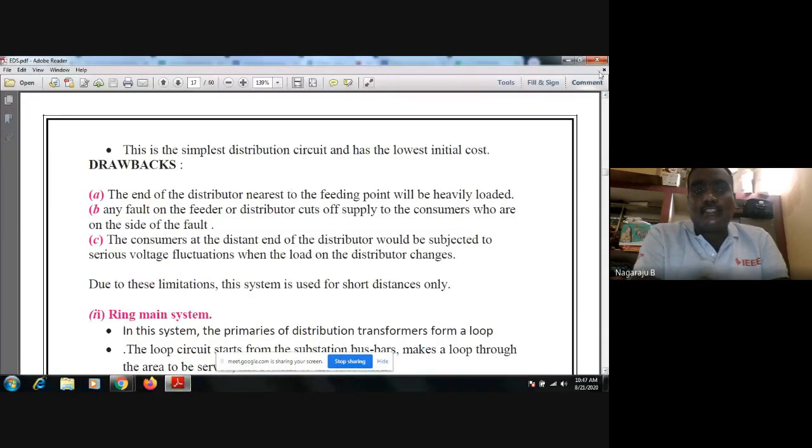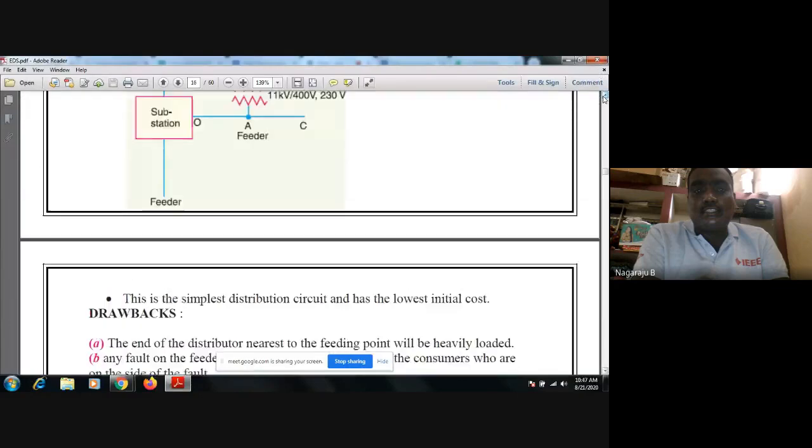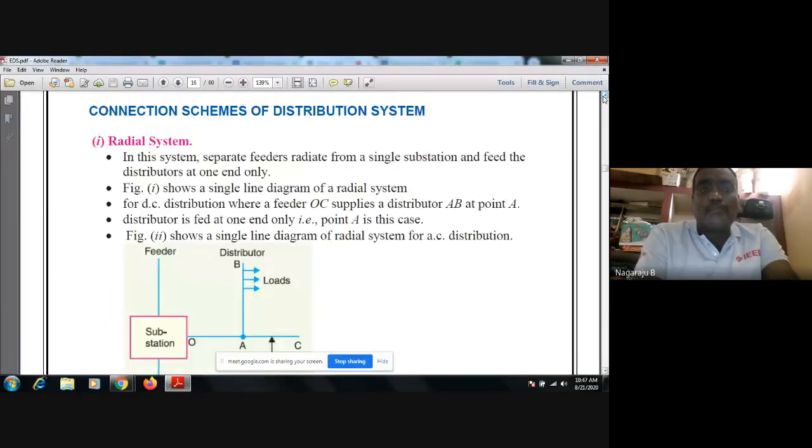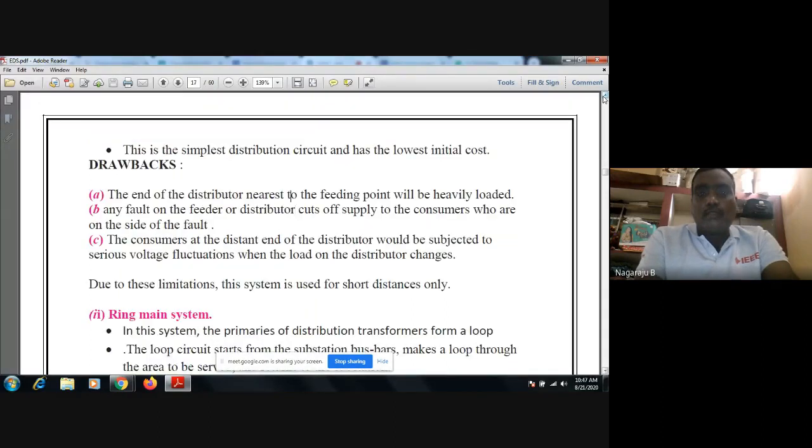First one is radial type, another one is loop type, and an integrated type. The radial type of distribution system has a radial type of feeder. In this system, separate feeders are radiated from a single substation. The circuit is shown here.